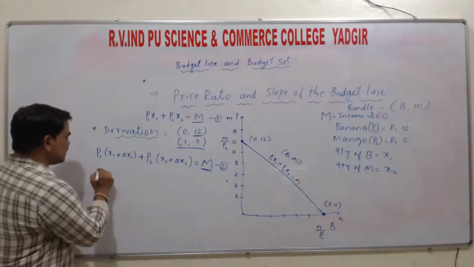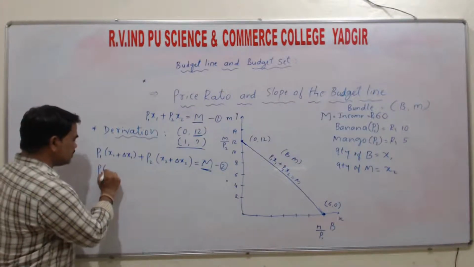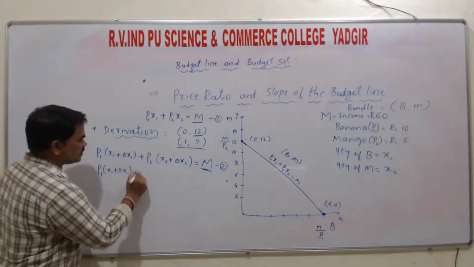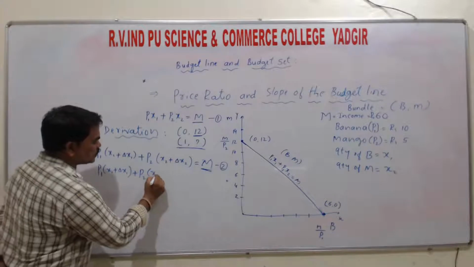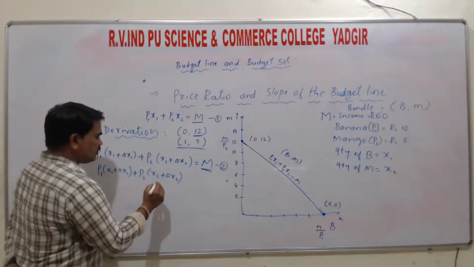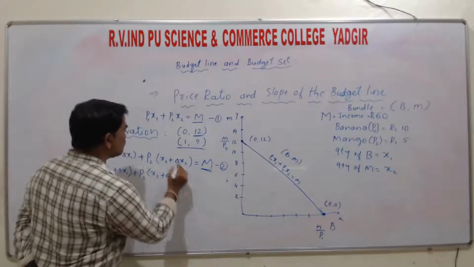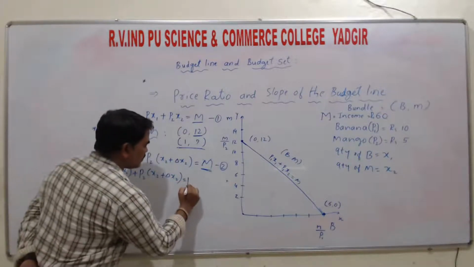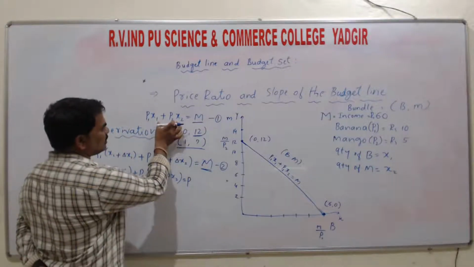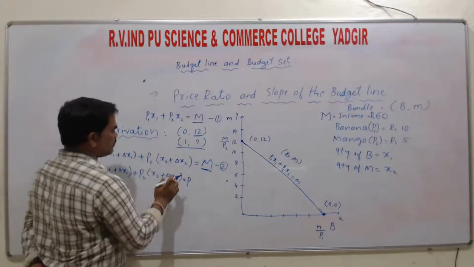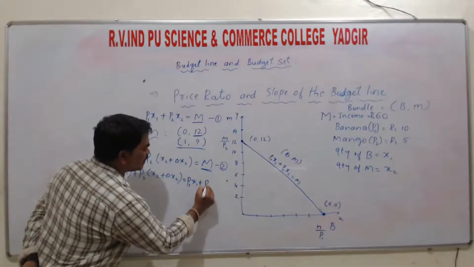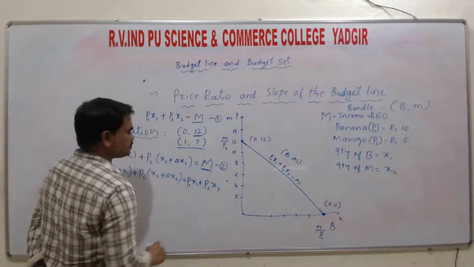Correct? So now I put that here. P1 x1 plus delta x1 plus p2 x2 plus change in the quantity of mango, which is equal to this now. Because this is also m, this is also m, that means this is equal to this. So p1 x1 plus p2 x2.